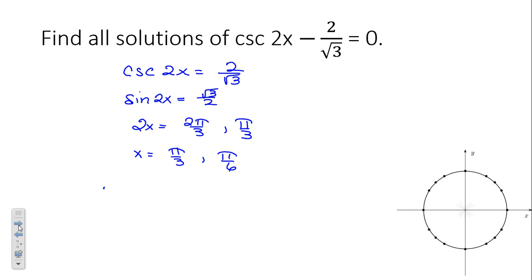I divide 2 pi over 3 by 2. Those guys cancel, and I get plain old pi over 3. And if I divide pi over 3 by 2, I get pi over 6.